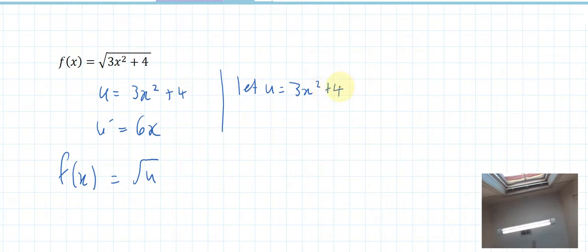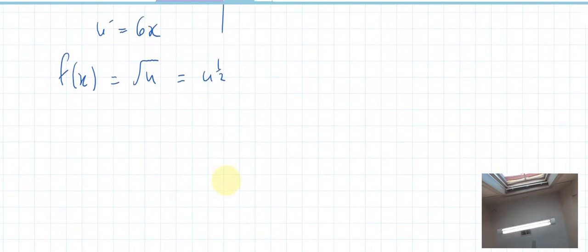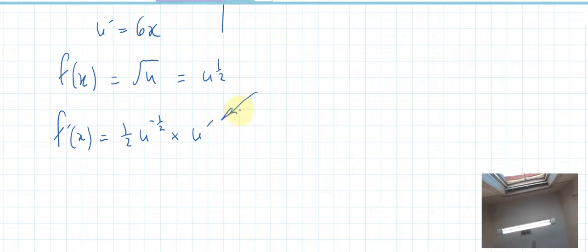You just make it very clear what you're doing. Alright, so square root of u, which is the same as u to the power of a half. So to differentiate this, we would do a half u to the minus a half multiplied by u prime. That inner derivative comes out, and this bit here is the chain rule.